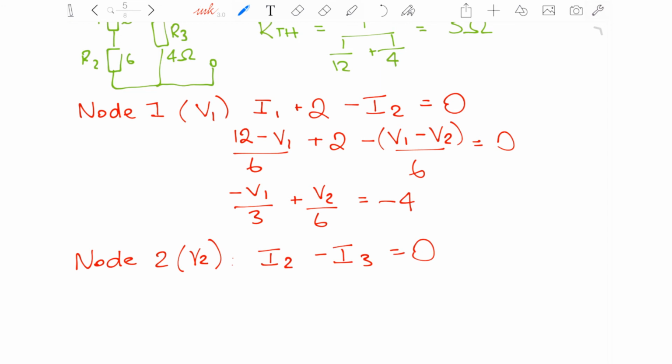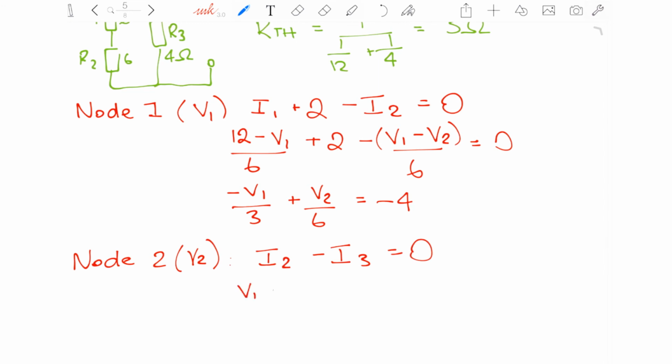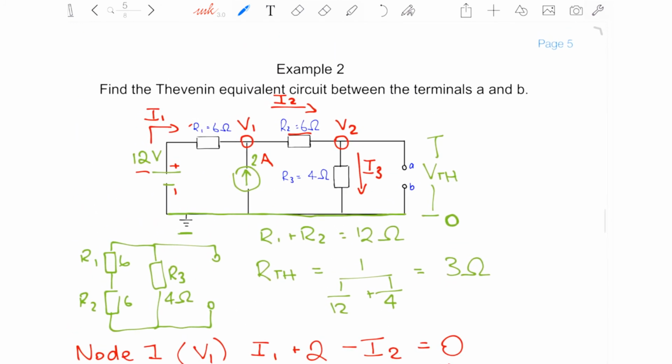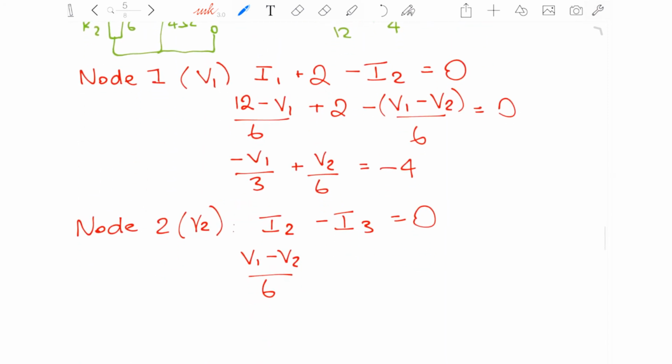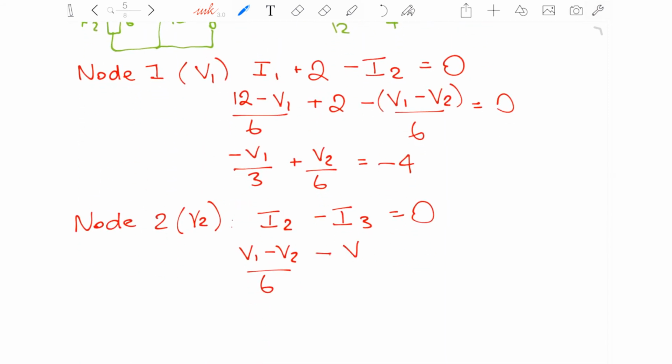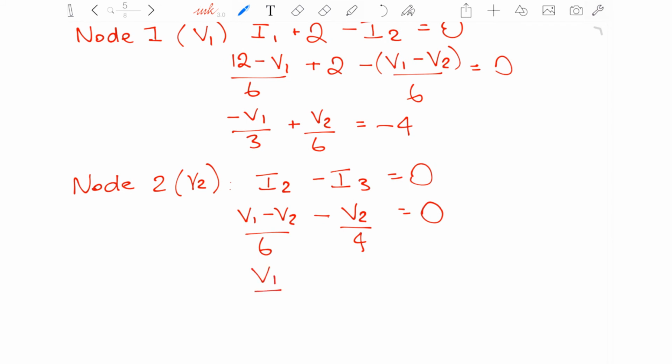As we can see above, we had I2 equal to V1 minus V2 over 6, and I3 will be equal to V2 minus 0, because it's 0 on this line as it's ground, over the 4 ohm resistor. So this will be equal to V2 over 4, which is 0. This simplifies to V1 over 6 minus 5 V2 over 12 equals 0.